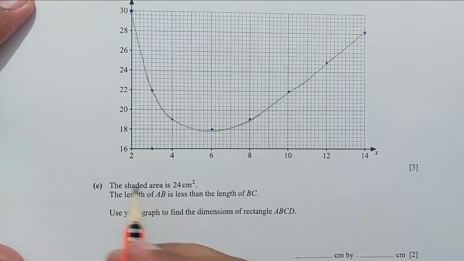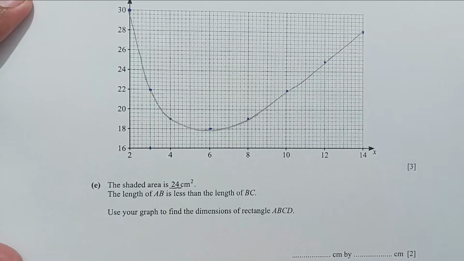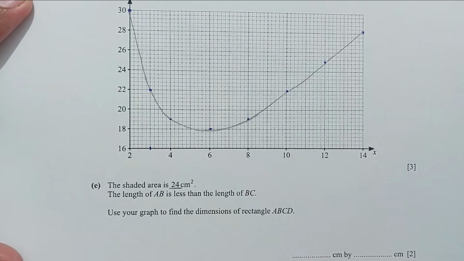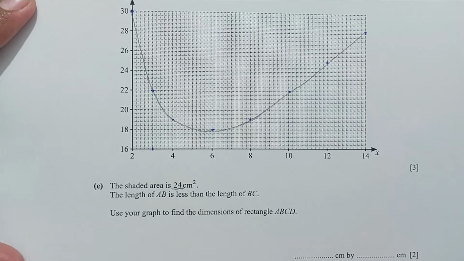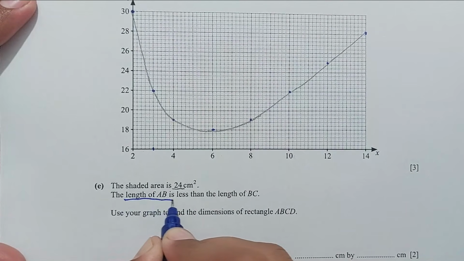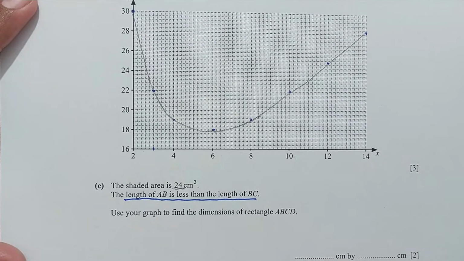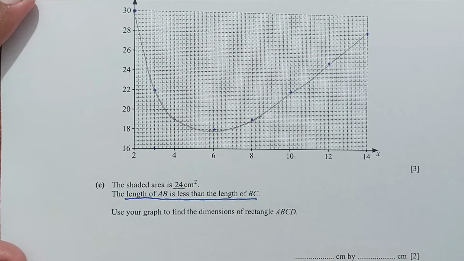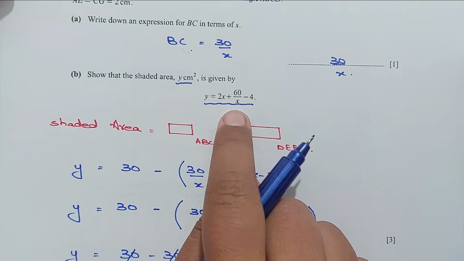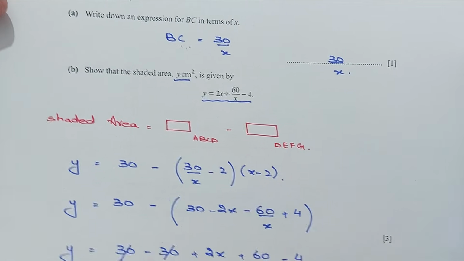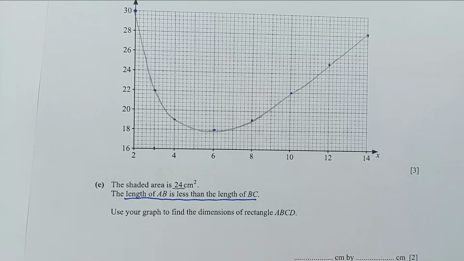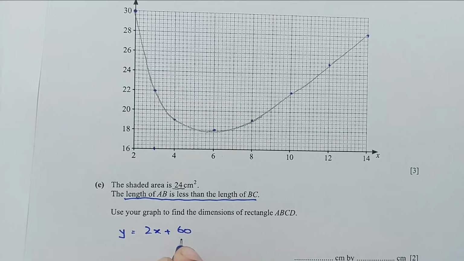Now for part E, the shaded area is 24 centimeters square. The length of AB is less than the length of BC. Use your graph to find the dimensions of the rectangle ABCD. So this would be the shaded area, right? The shaded area is y equals 2x plus 60 over x minus 4, and that equals 24 centimeters square, the y value.